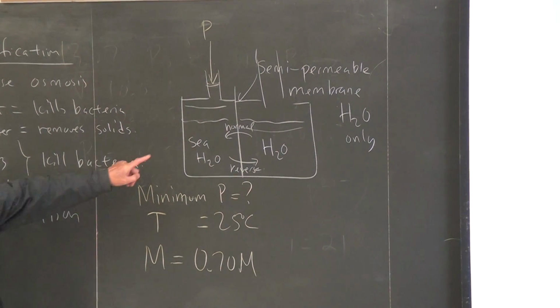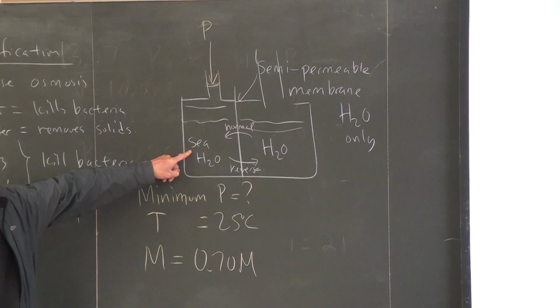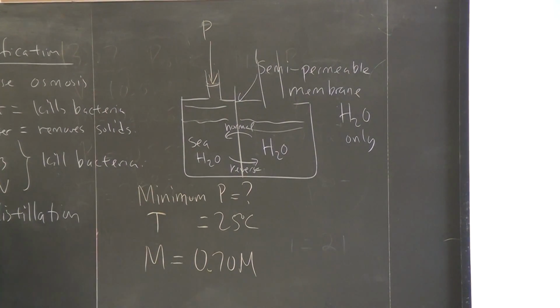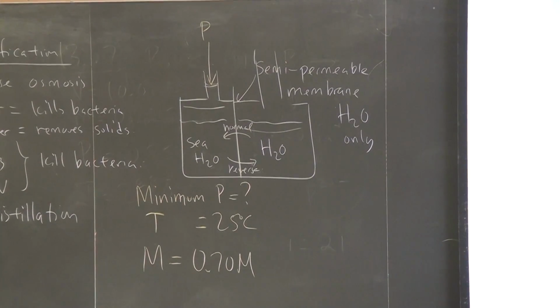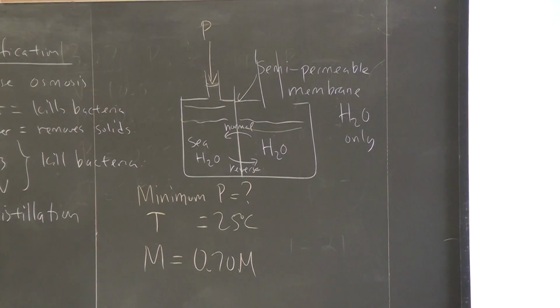So for salt water, for NaCl, we want to use i equals 2. Okay, so let's plug in our numbers. We have 2 times 0.70 molar, or moles per liter.